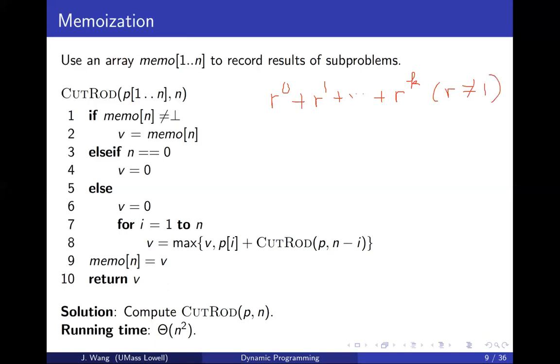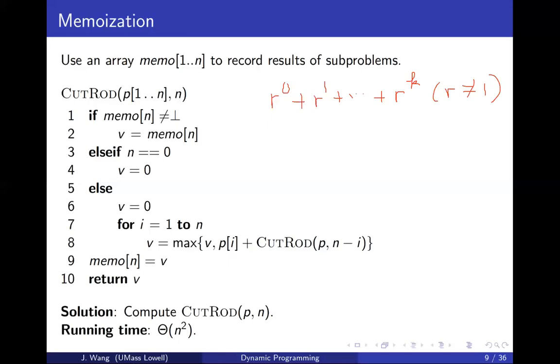You just get k plus 1, right? Because r to the 0 is 1, r to the 1 is 1 because r is 1, so you have k plus 1. So if it's not equal to 1, how do we compute this?